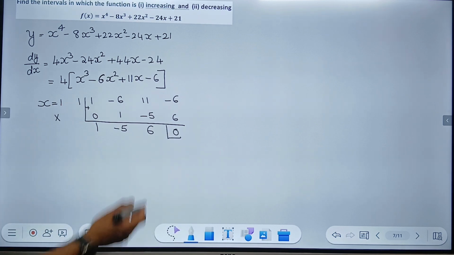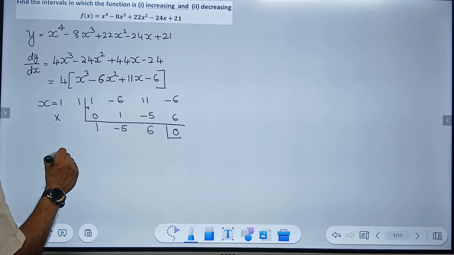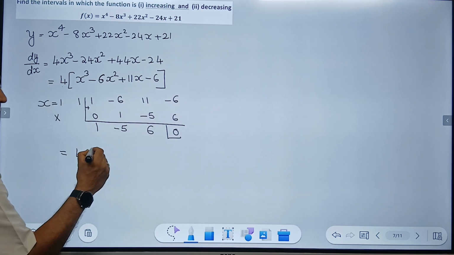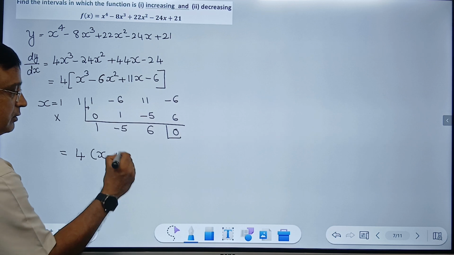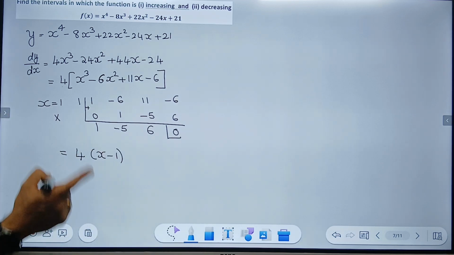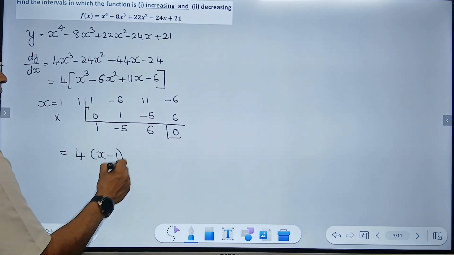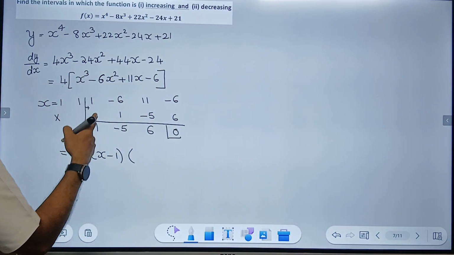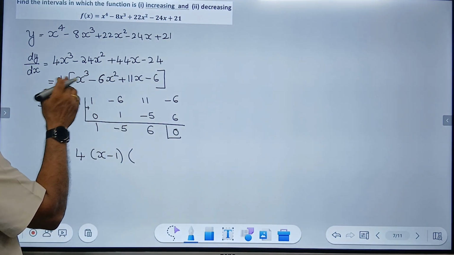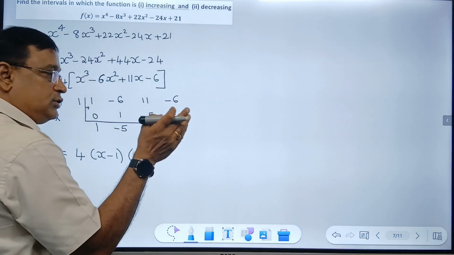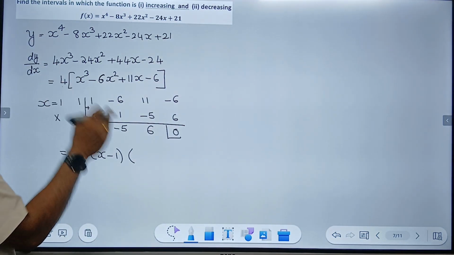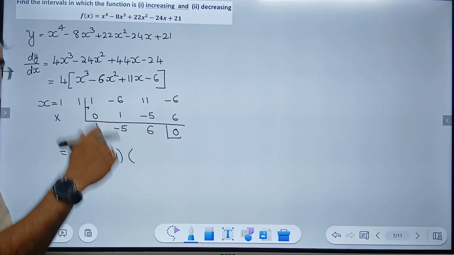Now that you have done this, how do I write it? This is 4 into this. And 1 is a factor, so I'll write x minus 1. If x is equal to 1 is a root, x minus 1 is a factor. And the remaining factors: the highest degree is 3. So when I do polynomial division with power 1, I will definitely get a quotient of power less than 3.